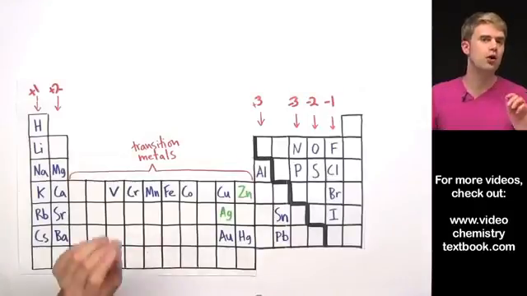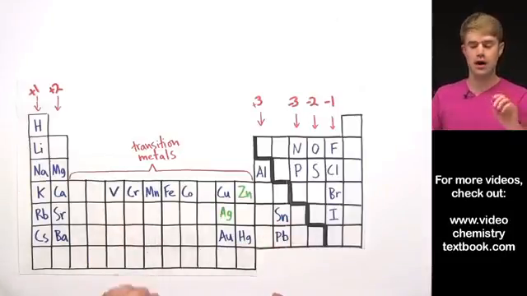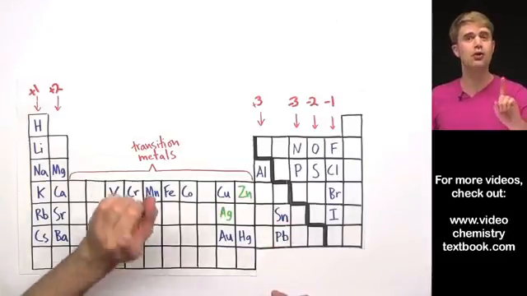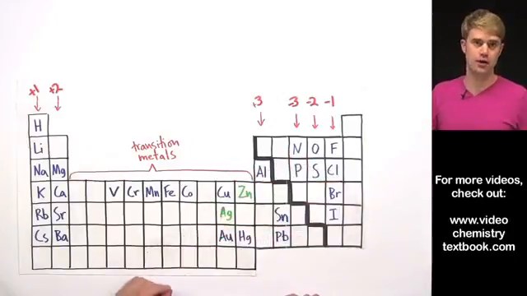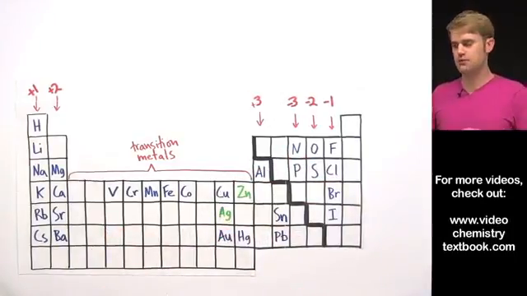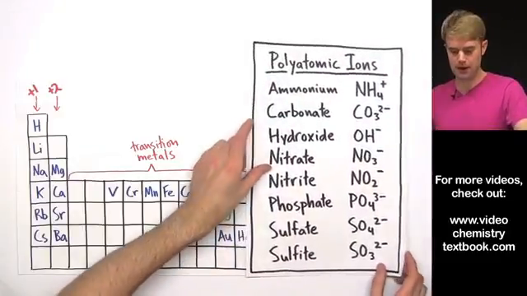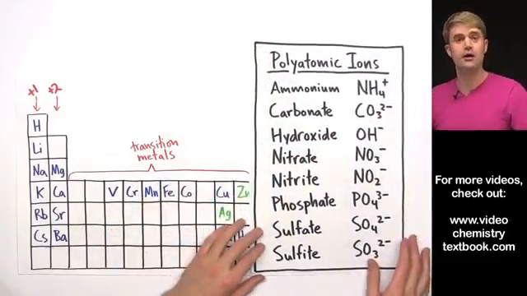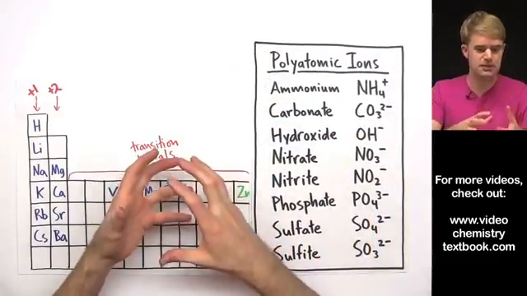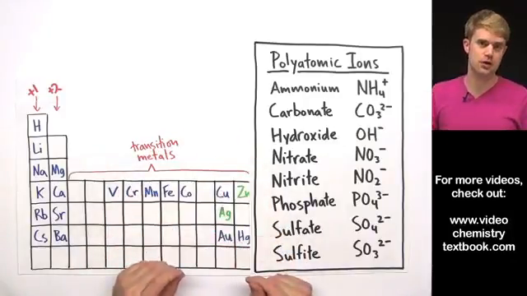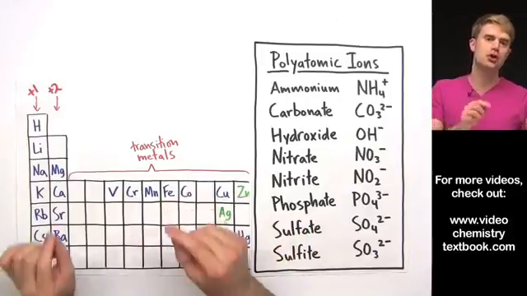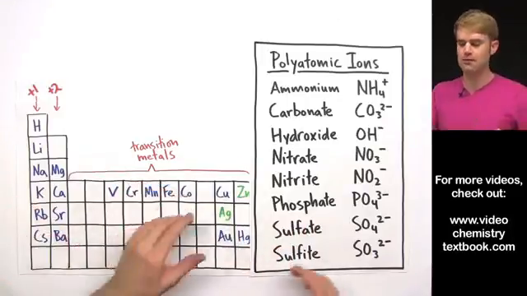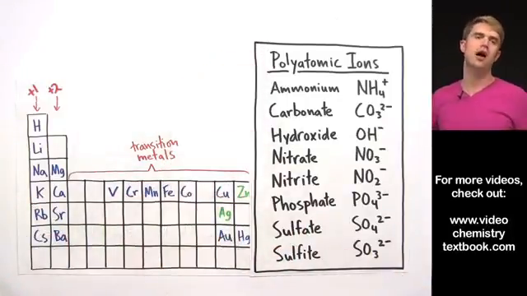Now, so far in all of our examples, the negative ion has been a single element, bromide or sulfide or nitride. But it's also possible for transition metals to form compounds with polyatomic ions, which are groups of atoms that together have a charge. So I want to do one example where we have to figure out the charge on a transition metal that's in a compound with one of these polyatomic ions.